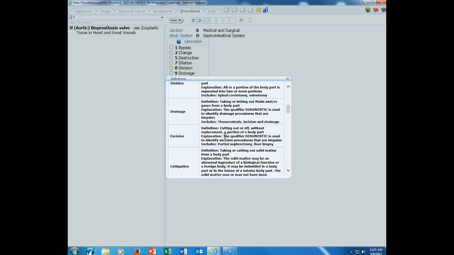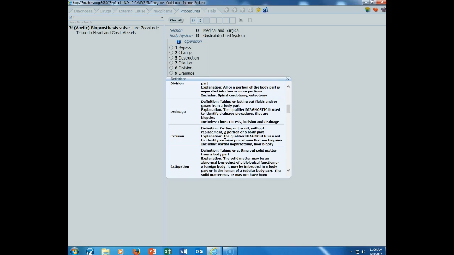So for instance, if a mass is excised from a breast, the root operation is excision because the entire breast is not removed. But when a mastectomy is done, the root operation is resection, cutting out or off without replacing all of a body part.